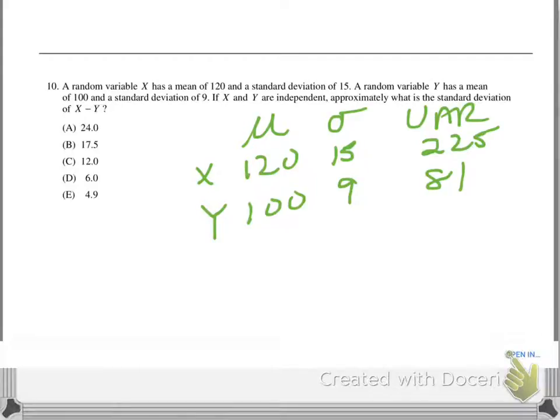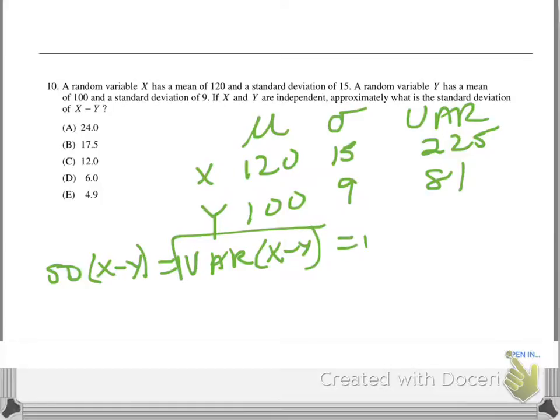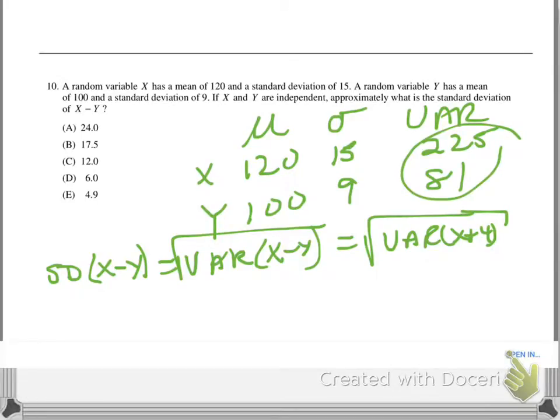So they want us to find the standard deviation of x minus y, which is equal to the square root of the variance of x minus y, which is equal to the square root of the variance of x plus the variance of y. So let's add these two up. 225 plus 81, and I get 306. So I take the square root of that number, and I get 17.49, which is B.